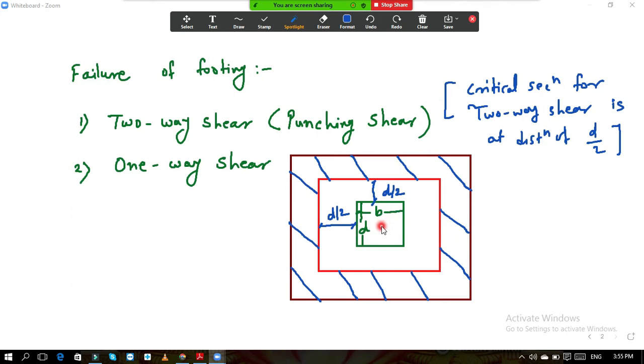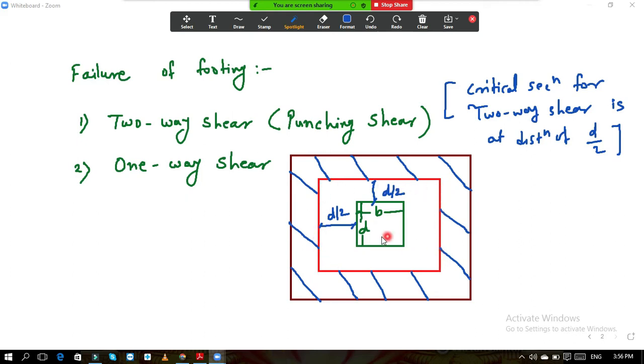What will the column do? It will create some critical sections, and those critical sections are at a distance of d by 2 from the face of the column. So from the face of the column, if you go d by 2 distance on the upper side, d by 2 from the left side, d by 2 from the right side, and d by 2 from the bottom, you will get a new boundary.